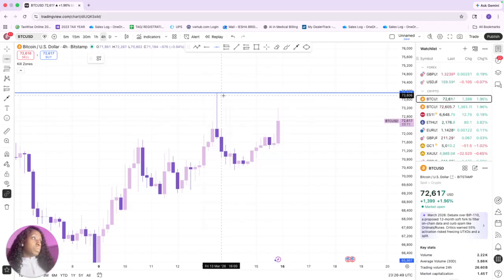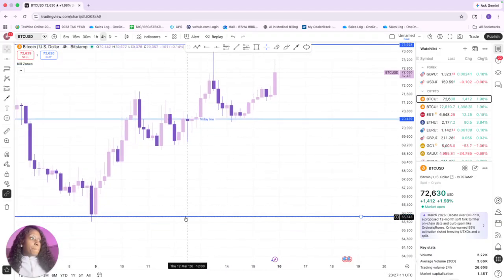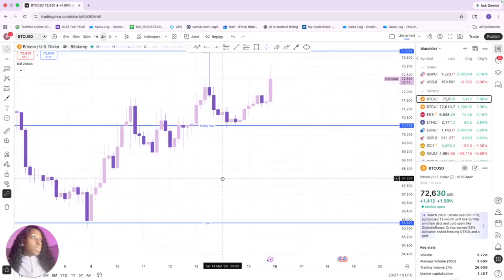Okay, so this would be previous Friday low. And this was the previous week high. Previous week low, Friday low.